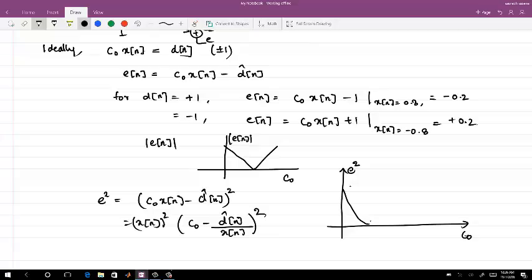Depending on your xn and dn values, you can have this. Let me take a question.